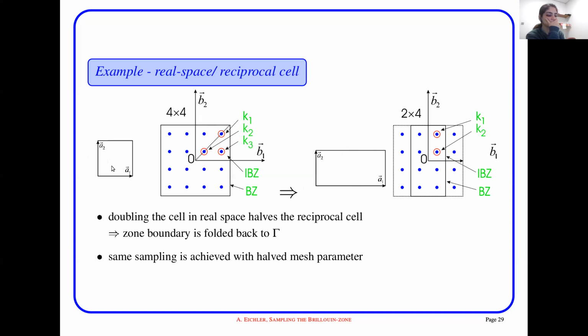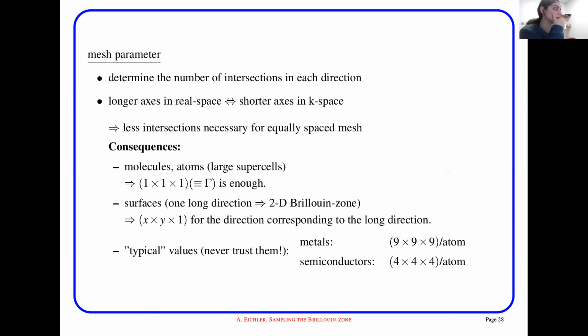So the take-home message of this graph is simply that if you enlarge your lattice vectors, then you need to reduce the k-point mesh. It's straightforward from what I said: the lattice vector multiplied by the k-point mesh needs to be equal to 30.